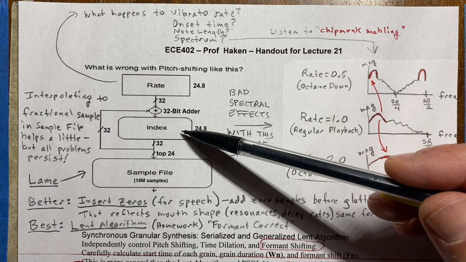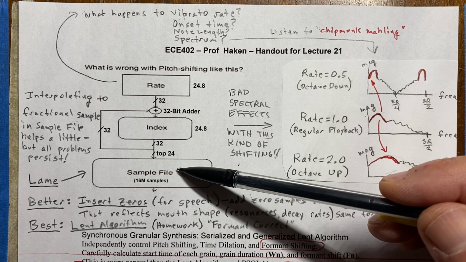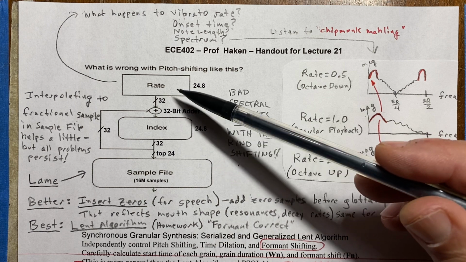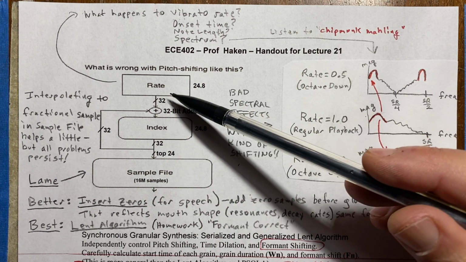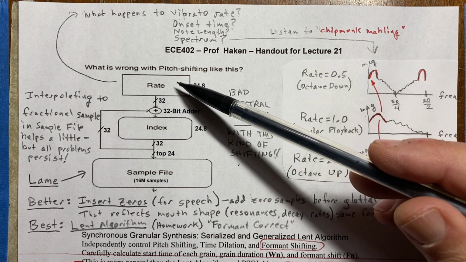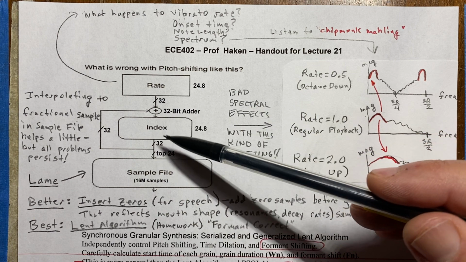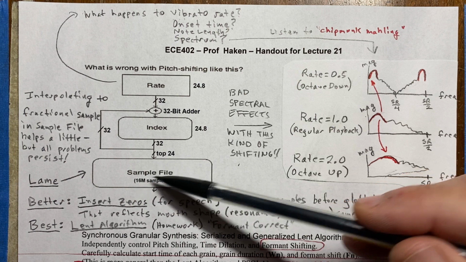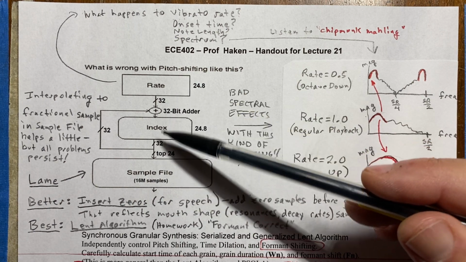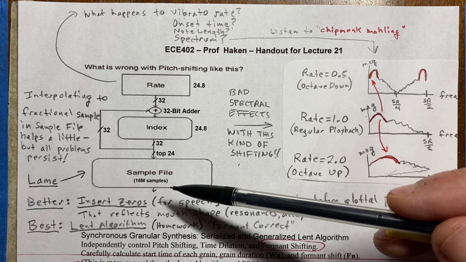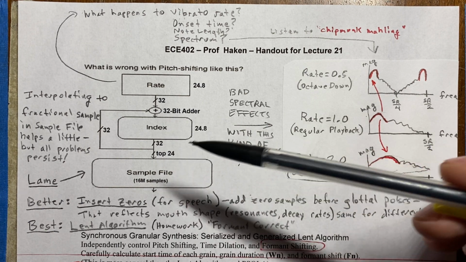You have a 32-bit adder. This is the index into the sample file. You start off at 0, and then depending on your rate, you step through this faster or slower. If your rate is 1.0, then you will step through it at the original recording rate. But if your rate is higher than 1.0 or lower than 1.0, you'll step through it at a faster or lower rate.